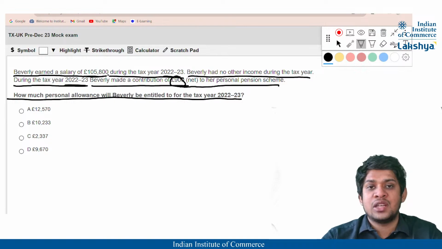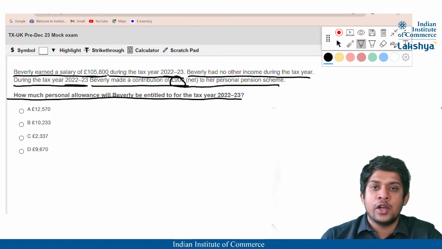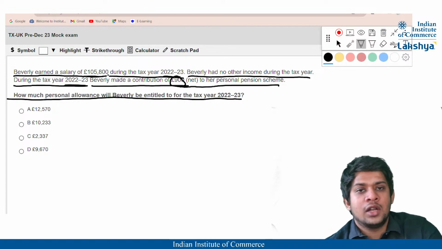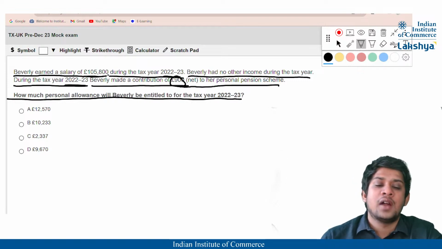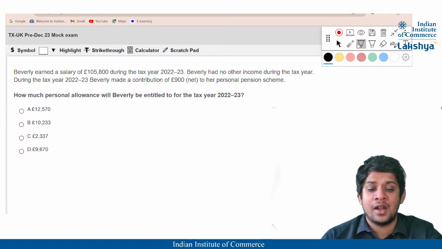Now she is employed. If she had contributed to an occupational pension scheme, the amount of the contribution would have been directly deducted as relief. But since she is making a contribution to a personal pension scheme, she will get relief in the form of extension of the basic rate band.